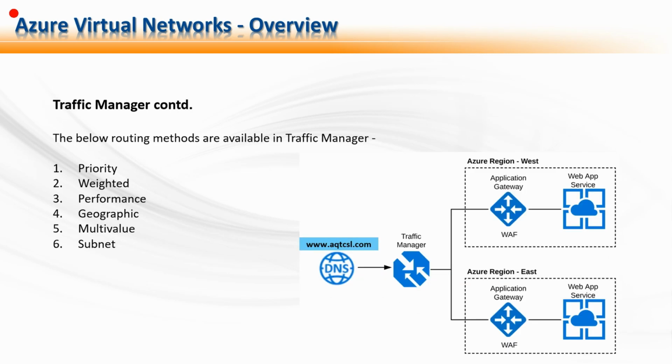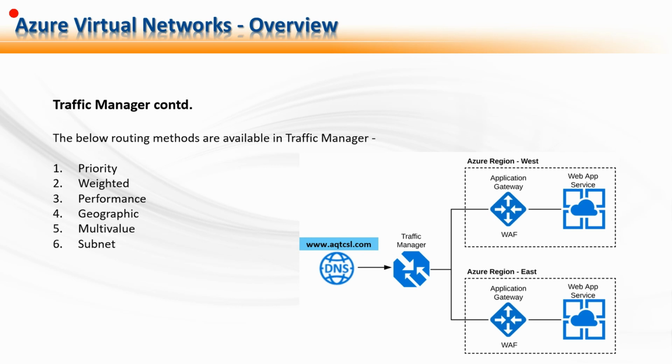We know that the traffic manager operates on the traffic routing methods which are available. Let us discuss what traffic routing methods are available for us. The first one is priority, which is selected when we want to use a primary service endpoint for all the traffic and provide backups in case the primary or the backup endpoints are not available.